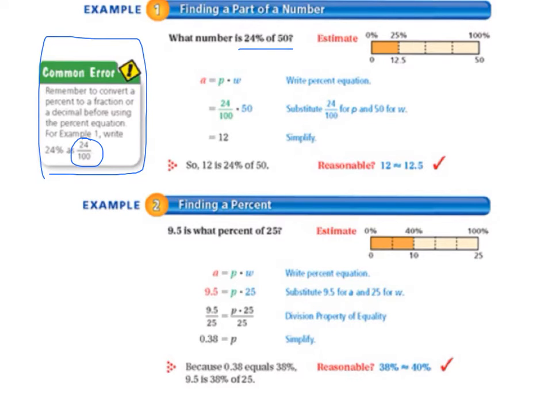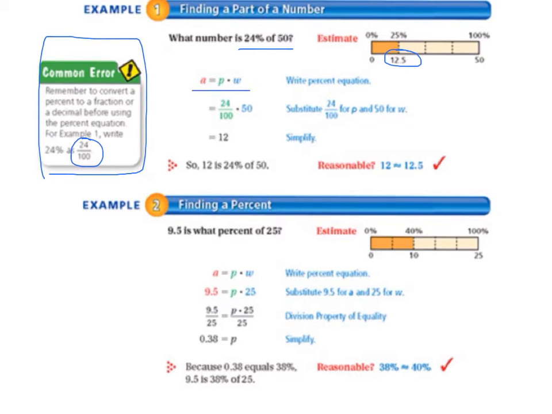So if you think about 50, you should know that half of 50 is 25, and then half of that is going to be 12.5. So 24% of that is going to be right around 12.5.